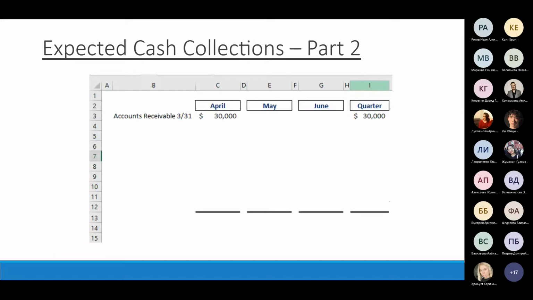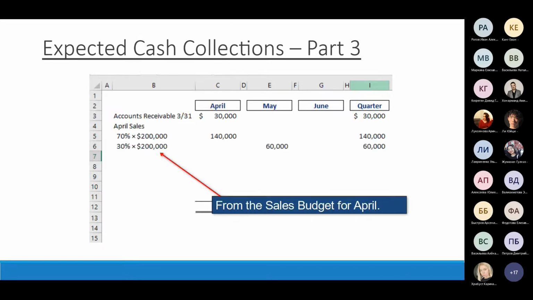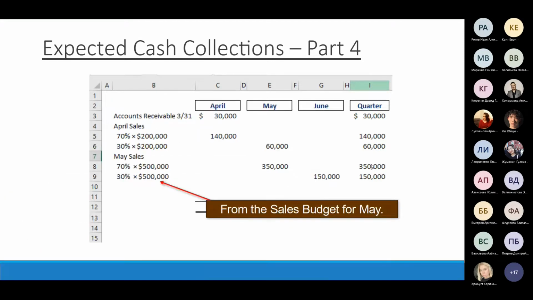So, to create the expected cash collections, we use the accounts receivable information at the beginning of the period. Then you split every month's sales into 2 parts: 70% that has to be collected this period and 30% that has to be collected next period. Then you may do the same work with all the months.